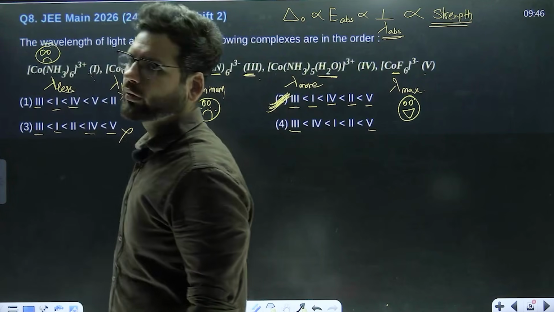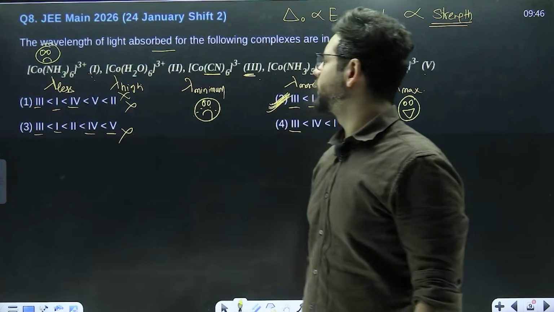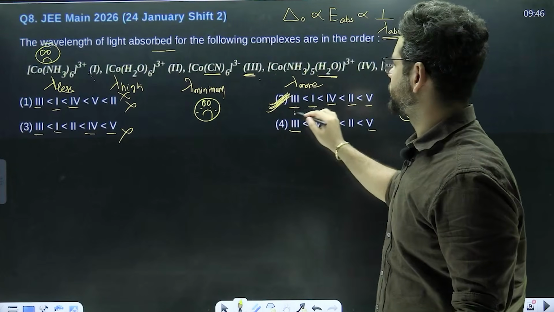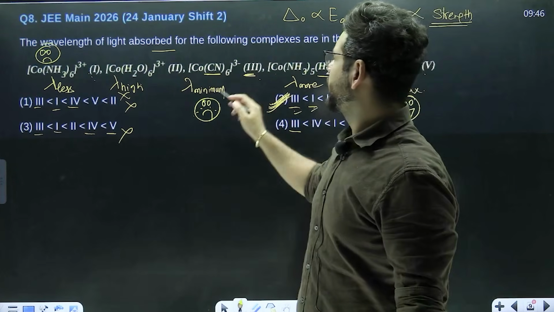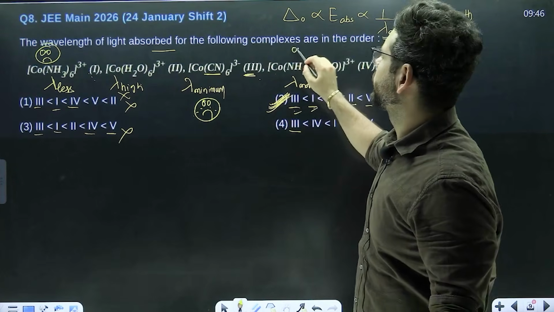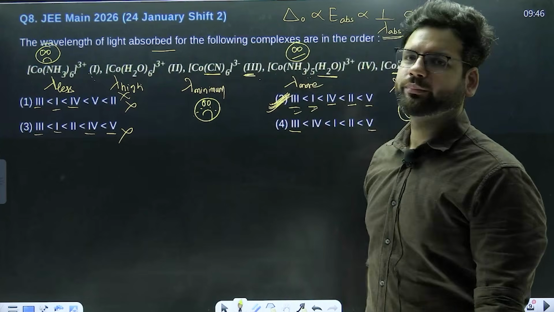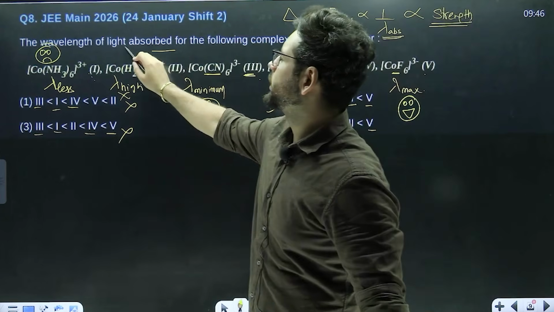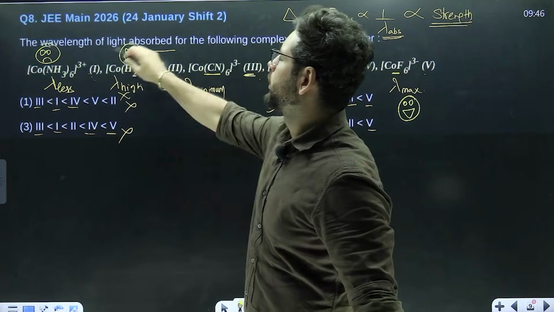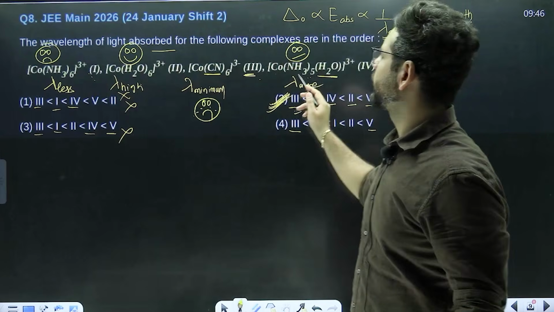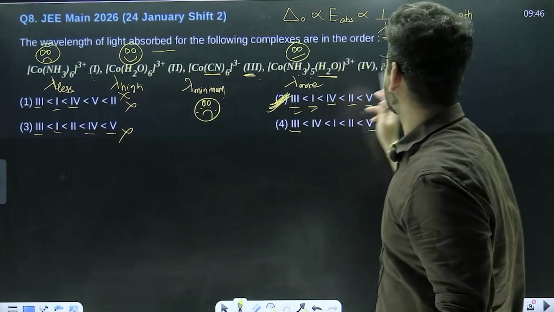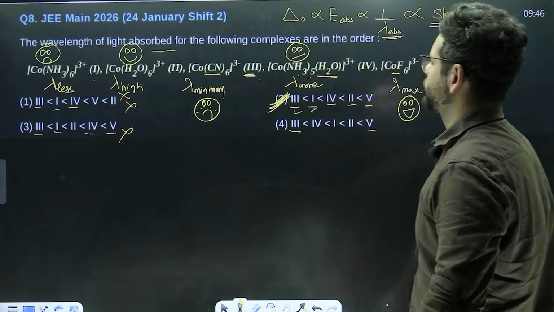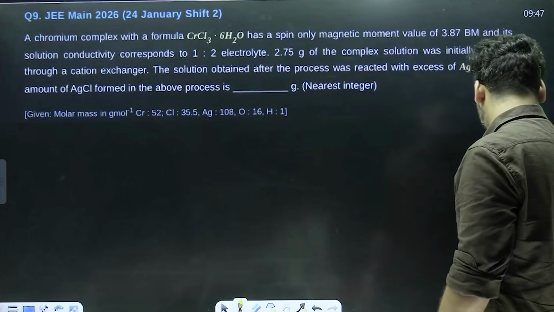So the worst will be third, then first. Then coming to 5 ammonia, which is also going to be a little bit bad. And then 6 water will be the good one as compared to 5 ammonia. So 5 ammonia, then 6 water, and then 6 fluorides. So this is the order, second option.